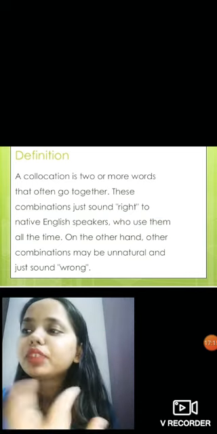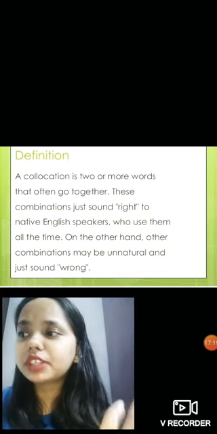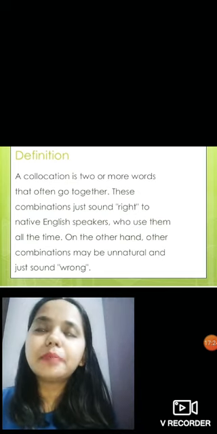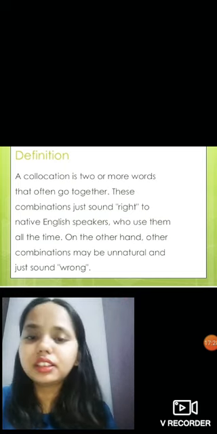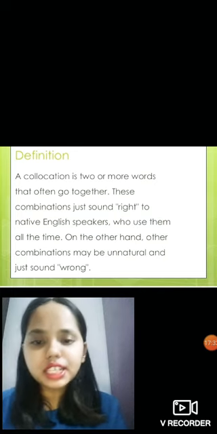So people who have spoken the language all their lives find it right, though it cannot be expected from the meaning. The example, though a little complicated, is making the bed. Do we say creating a bed?